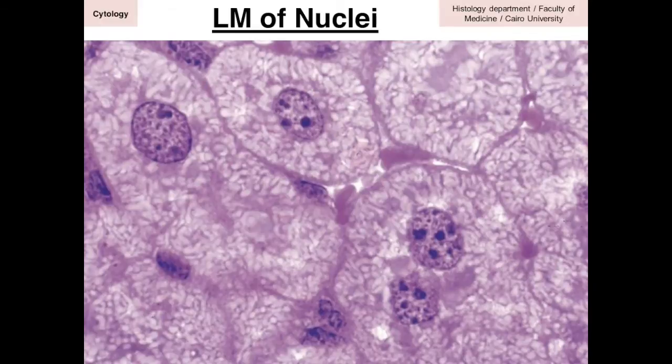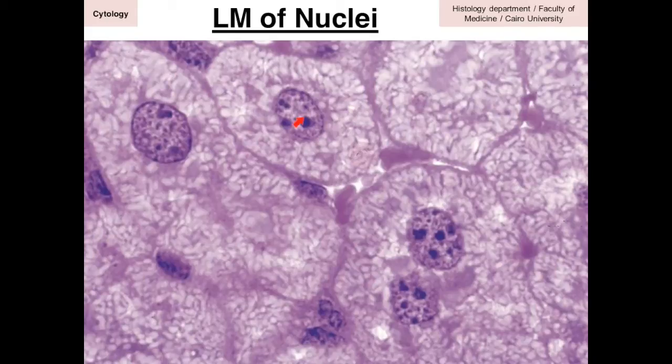This is a light microscope picture for the nuclei. This is the nucleus, and this is the cell. As you see, the nucleus may be rounded, may be oval, and different types of shapes, like the segmented, like the lobed, like the kidney shaped, like the cartwheel, and also they differ in their position.